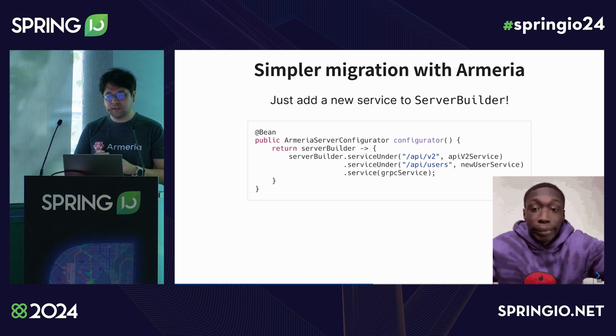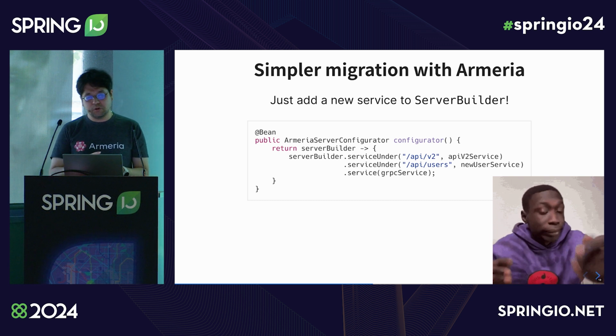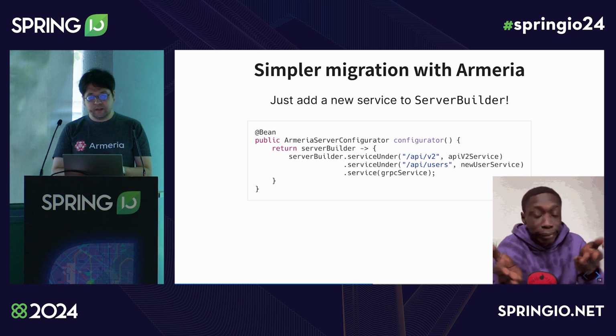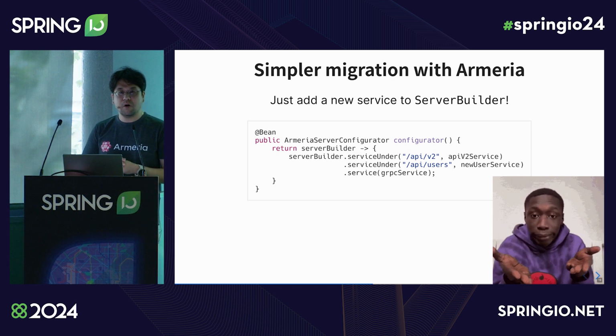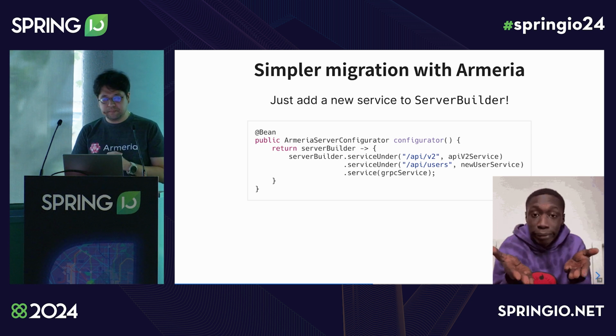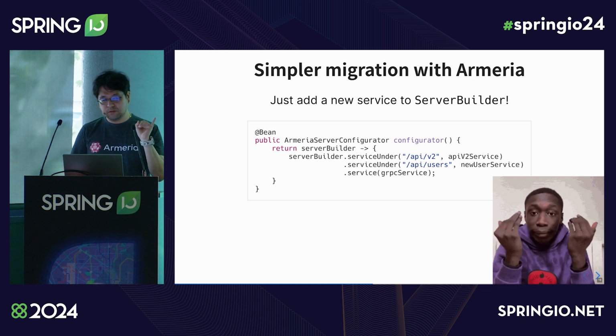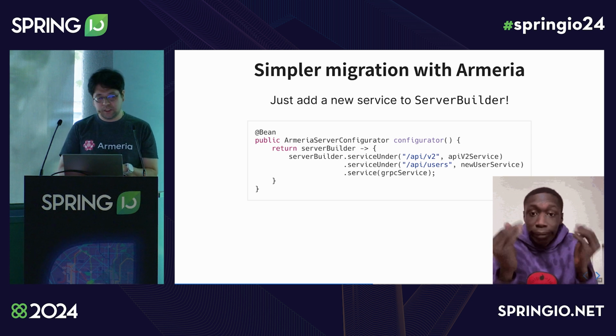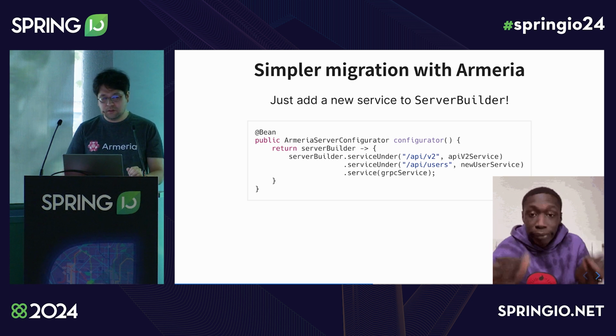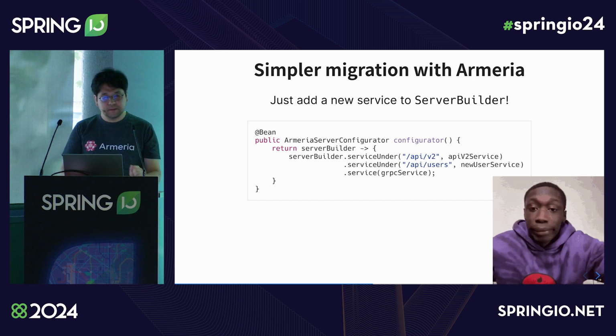You can just add a service for each different protocol or endpoint, and Armeria will serve them all in a single HTTP port and a single JVM. This means you can serve a REST API, gRPC, Thrift, GraphQL, servlets, and WebFlux, all coexisting in a single server instance. There's no drama, it just simplifies everything.